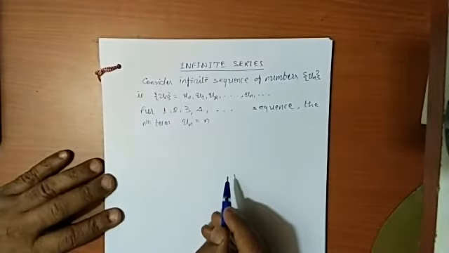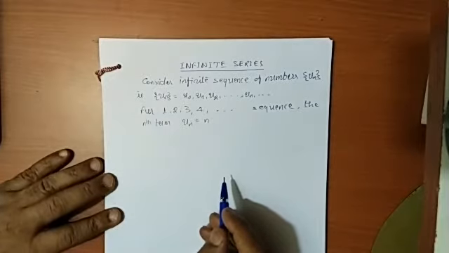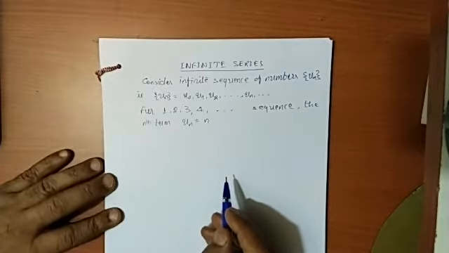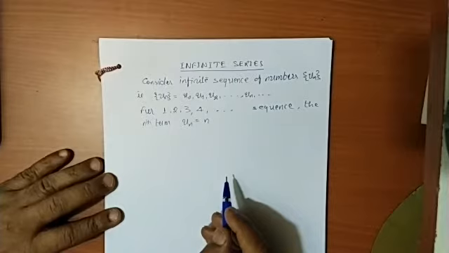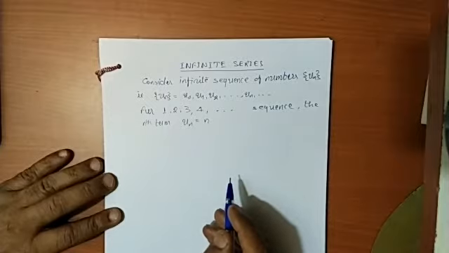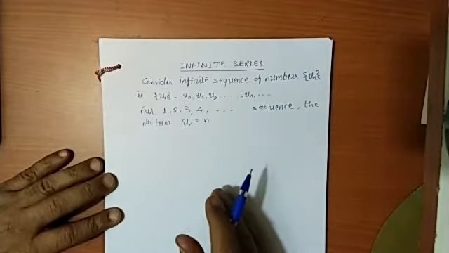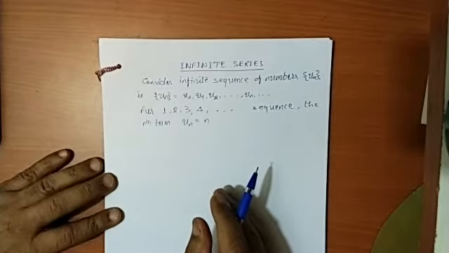Already you have studied all these types of series, the arithmetic progression and geometric progression. There you considered a sequence of n numbers. If there is a common ratio between them, it is called a geometric progression.